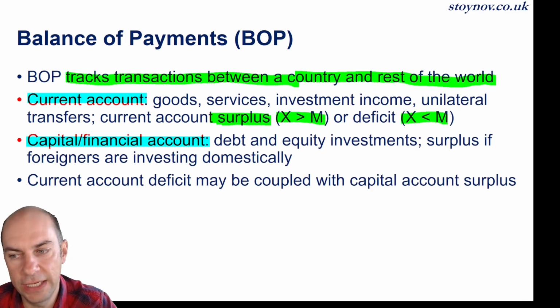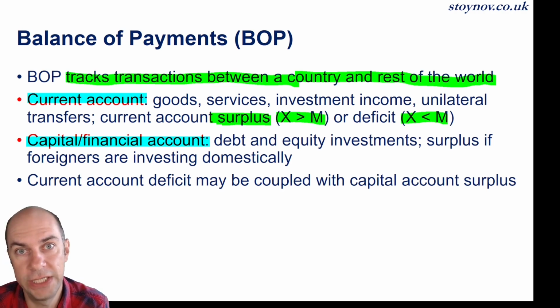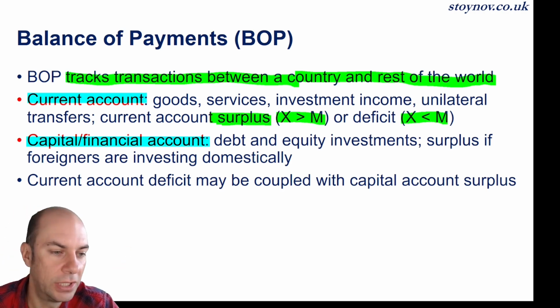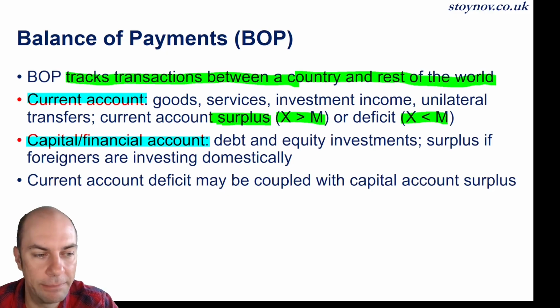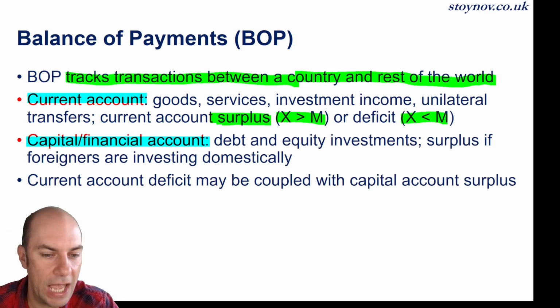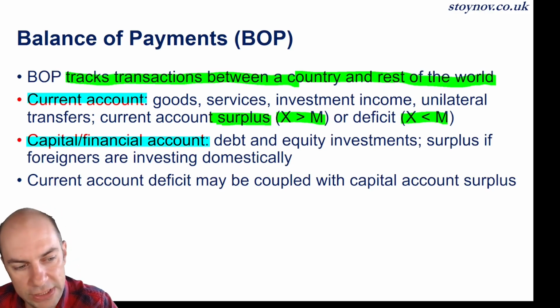On the other hand, if foreigners are purchasing my debt and equity, money is coming into my country, and I'm going to have a capital account surplus. And so here, the main question you need to understand is how these two things might be related.